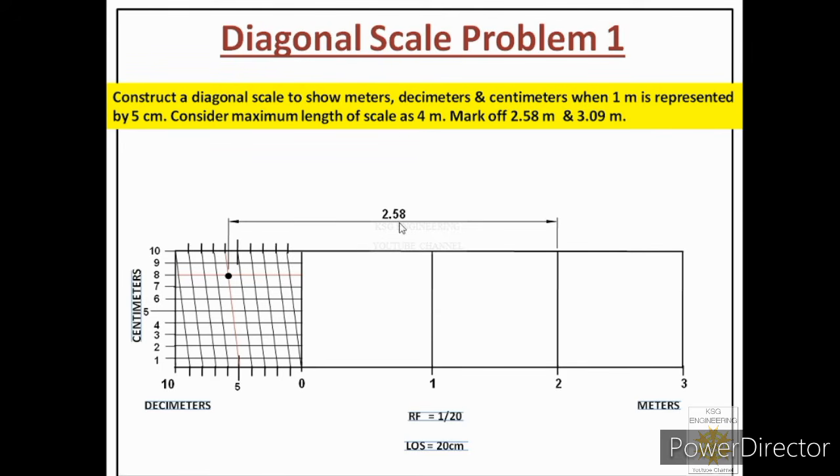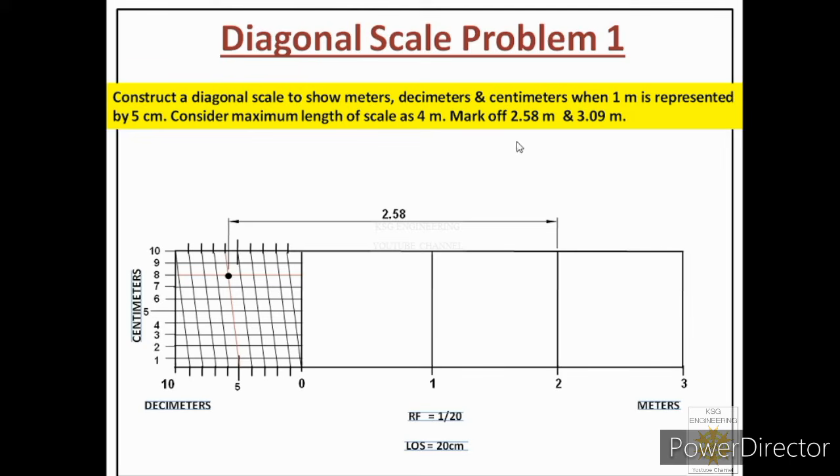Now let us understand why we have done this procedure. Very easy to understand. You see, if I pick this dimension, meaning 0 to 2 meters, and 0 to 5, it will become 2.50 meters.